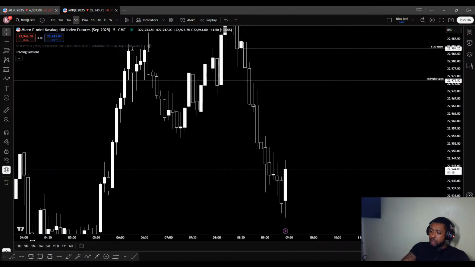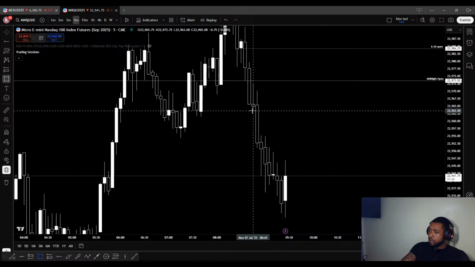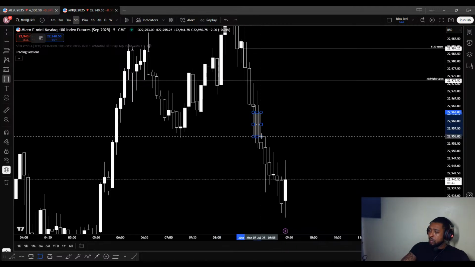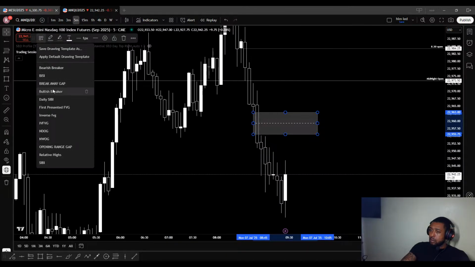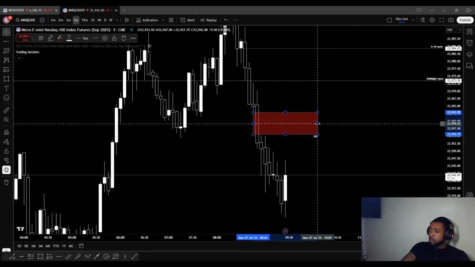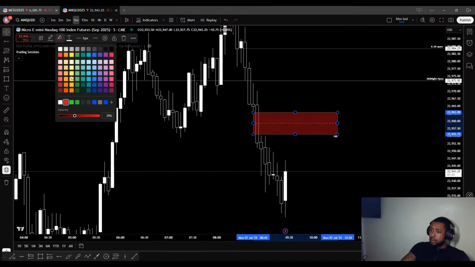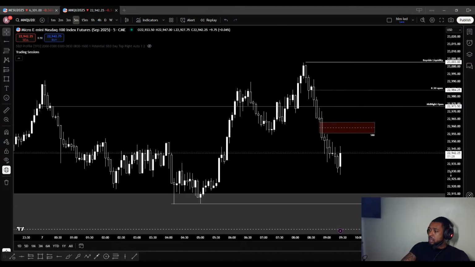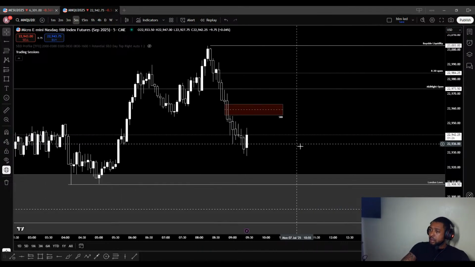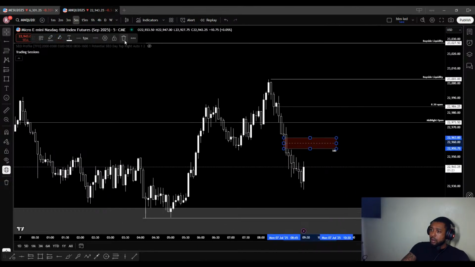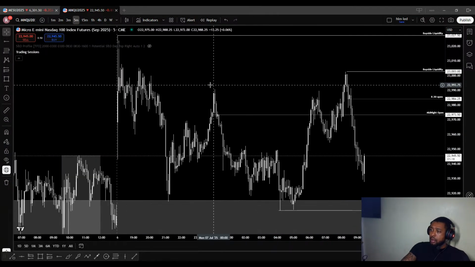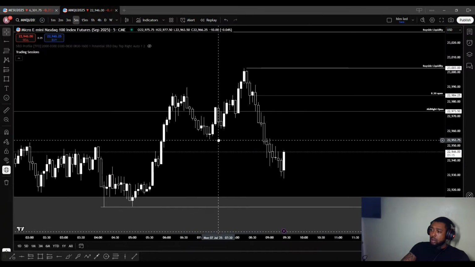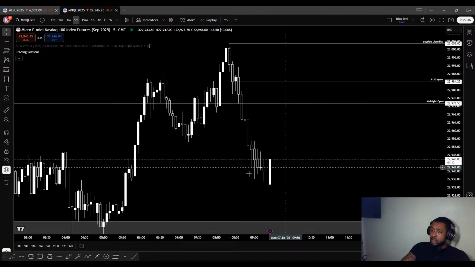So this is a 5 minute imbalance right here. If we trade up to that, I would like to see it reject off that to head back down here. And this is the breaker. So this is the 5 minute breaker that I was talking about. We have a high, low, higher high, sweep, lower low. So I'm expecting it to be sensitive when it comes back into this breaker.